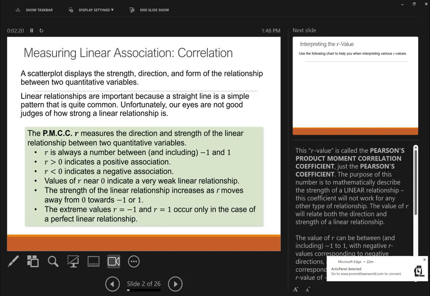r values that are positive mean that the graph has a positive association. r values that are negative indicate that the graph has a negative association. Values at or near 0 indicate a very weak linear relationship.